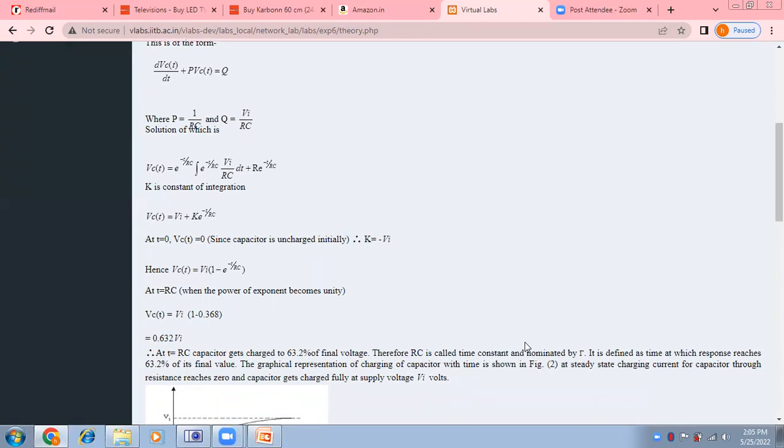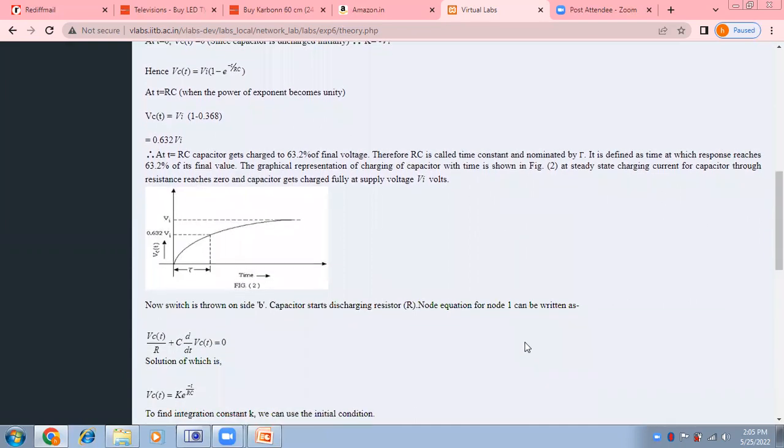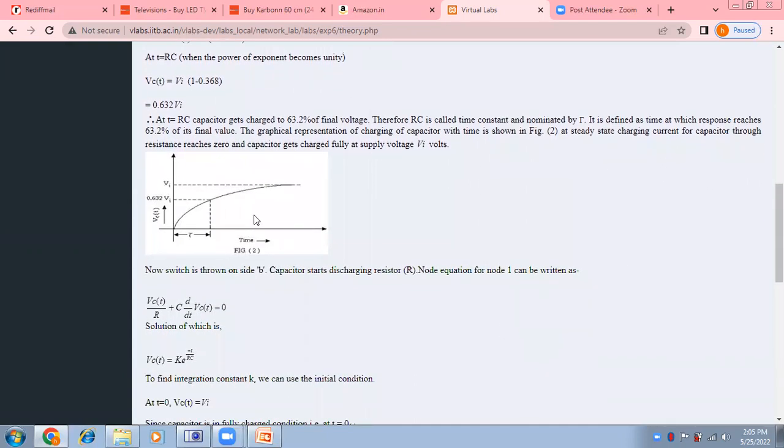At steady state, the charging current for the capacitor through the resistance reaches 0 and the capacitor gets charged fully to the supply voltage Vi volt. So here is a charging waveform.